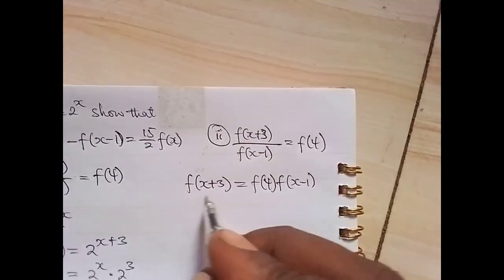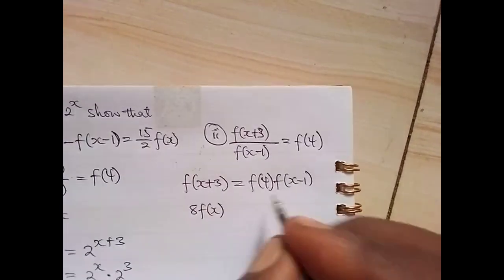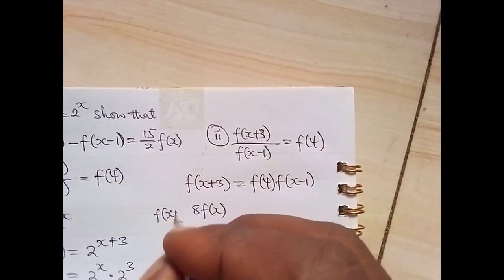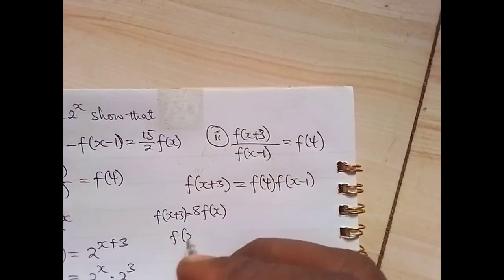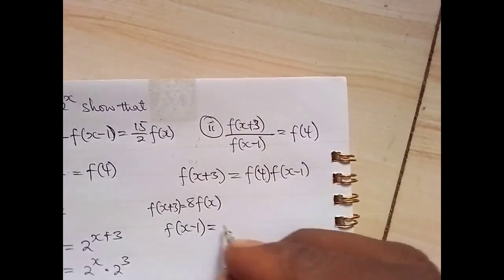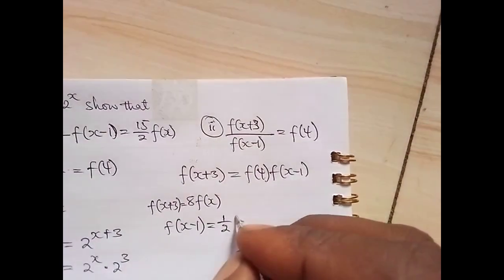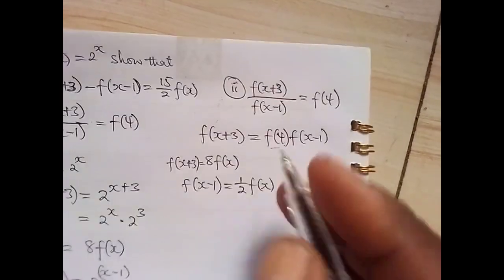Now, in the previous one, we found f of x plus 3 to be 8 f of x, and f of x minus 1, we also solved in the first one, is 1 over 2 f of x. So what is left for us to solve is f of 4.